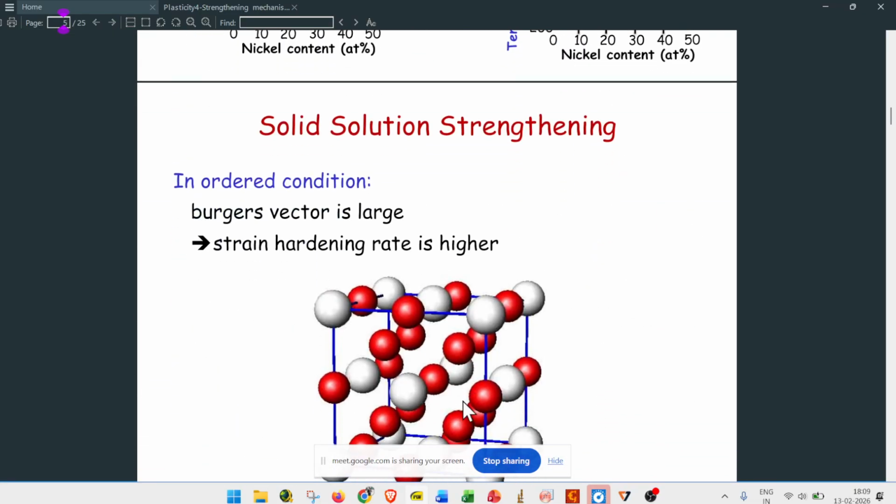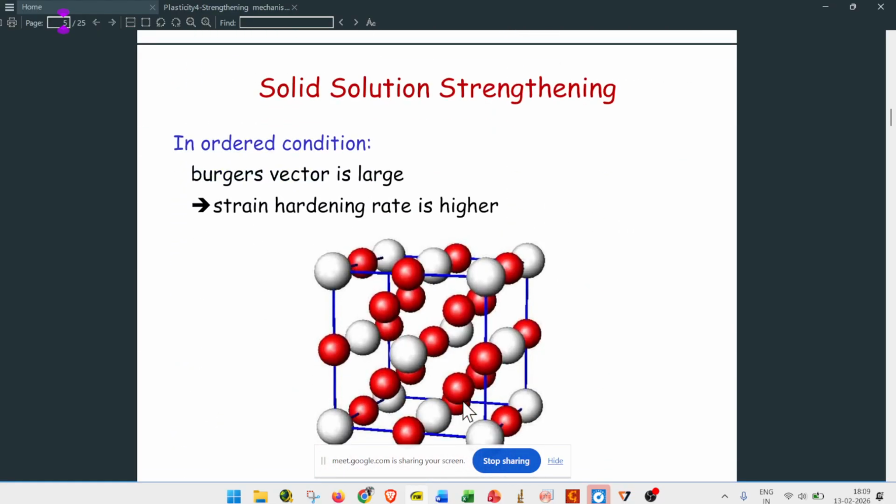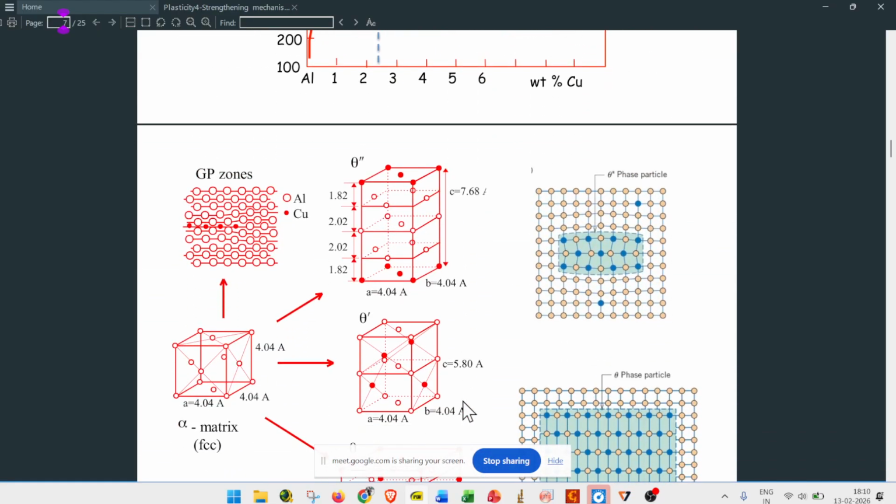We have seen different elements and how they can increase strengthening. The second is precipitation strengthening. We see this mostly in aluminum alloys. Here we introduce a precipitating element, like ceramic reinforcement in a metal matrix, or in the aluminum copper case, by aging we can form precipitates in the metal matrix.